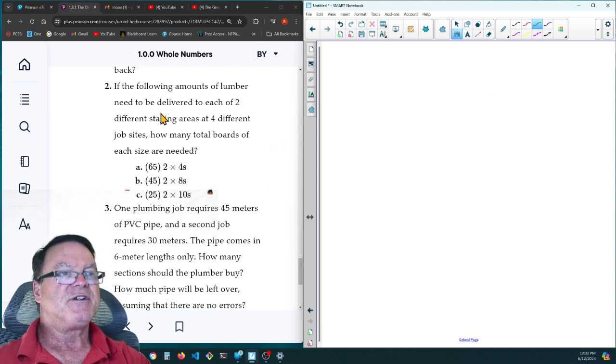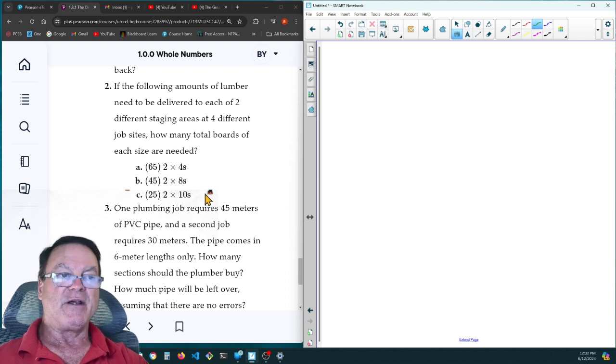They said each job has 2 staging areas. There are 4 different job sites. 2 times 4 is 8. So we're going to need 8 sets of these pieces of lumber in order to be able to put 1 set at each staging area.